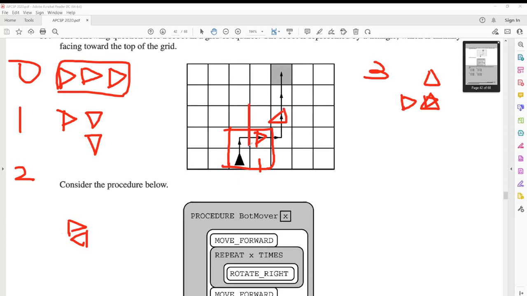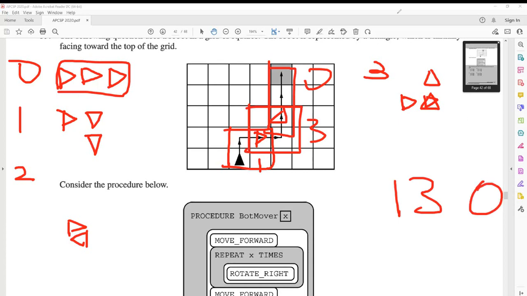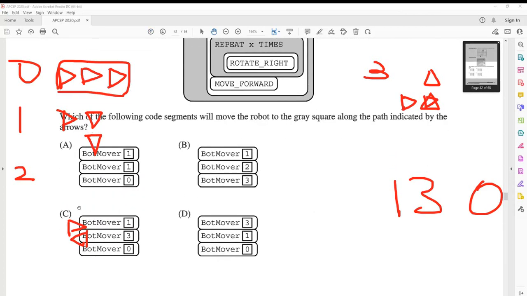This one is actually a 3, and then here you get a 0. So 1, 3, 0 is the answer for this. Okay, let's go down. Who has the 1, 3, 0? 1, 3, 0 is C. Any question about this problem?